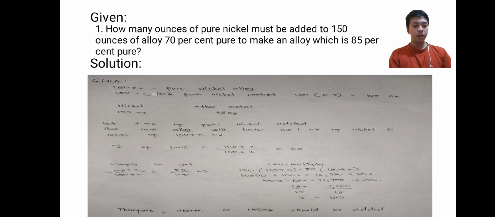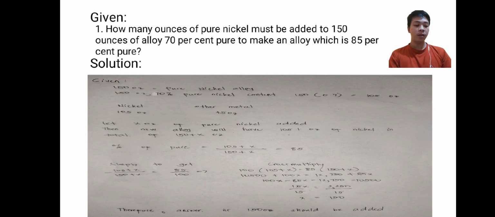So 10,500 plus 100x is equal to 12,750 plus 85x. We need to transpose the 85x, so it will become negative 85x, and also we need to transpose 10,500, so it will become negative 10,500.